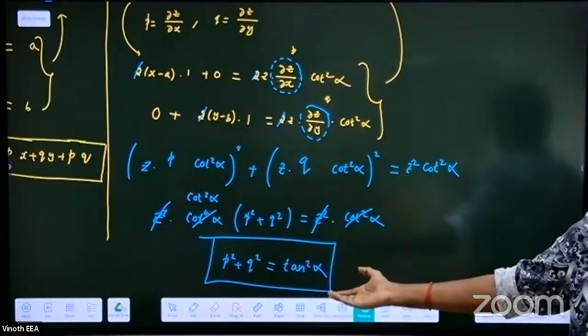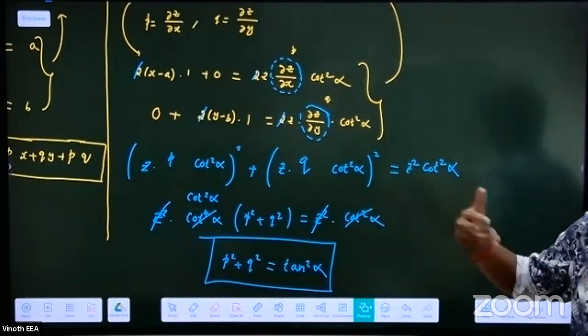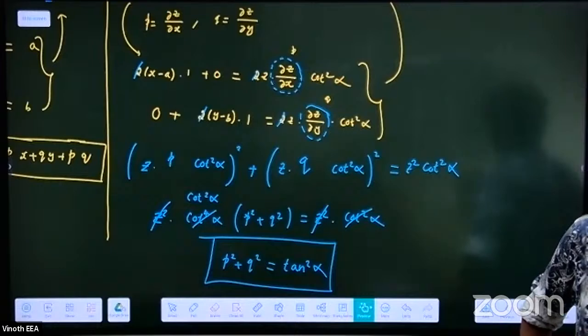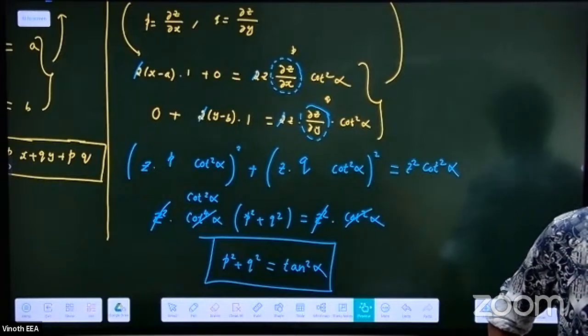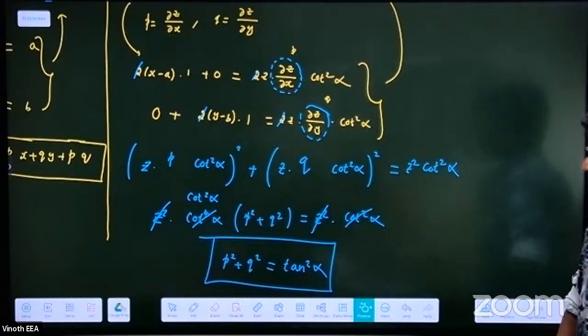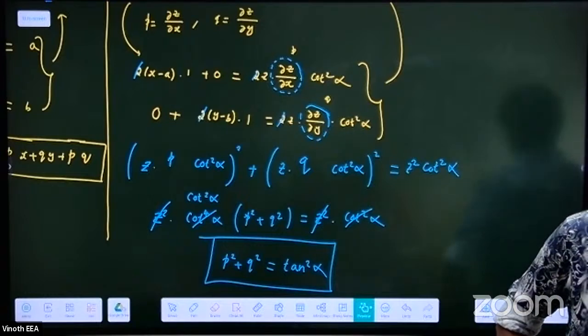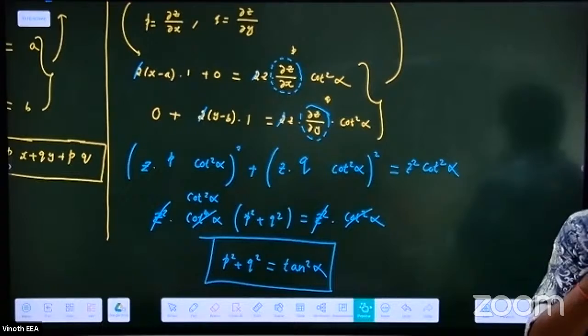We can cancel them, it is just another form, dividing by z square on both sides. We can do it for a differential equation, but not for an algebraic equation.